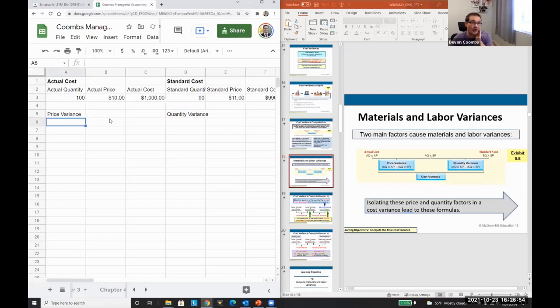So price variance is your actual quantity times your actual price, less your actual quantity times your standard price.